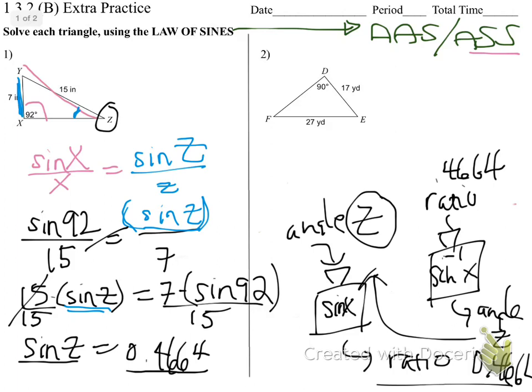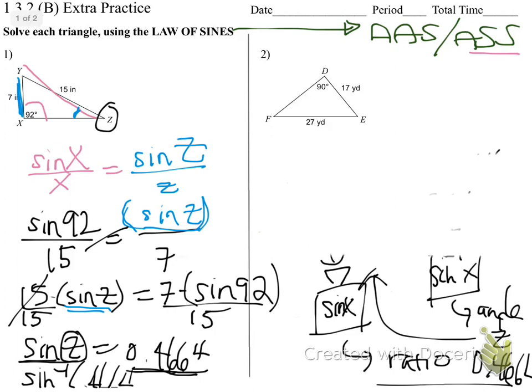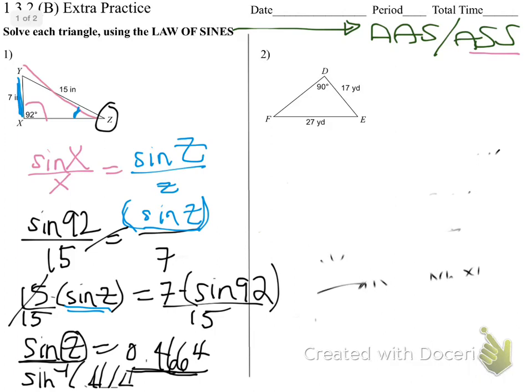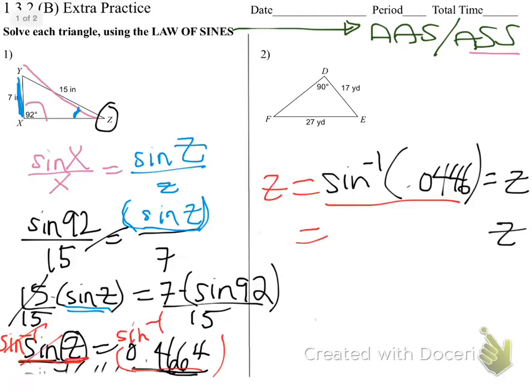Another way to think of it is, if sine of an angle gives you this ratio, then sine inverse of this ratio gives you the angle.